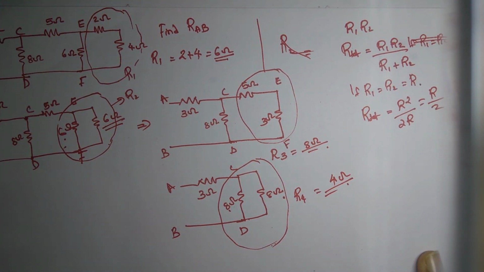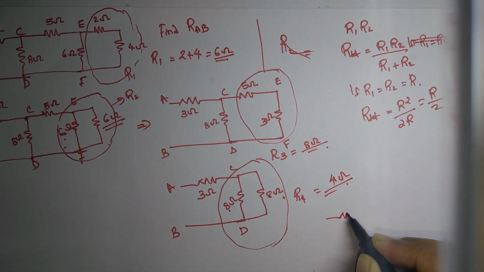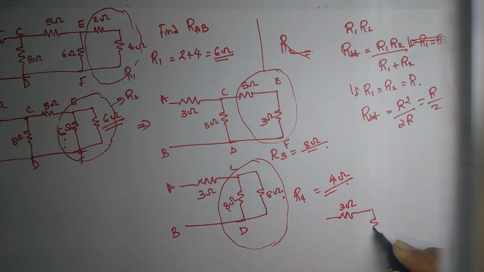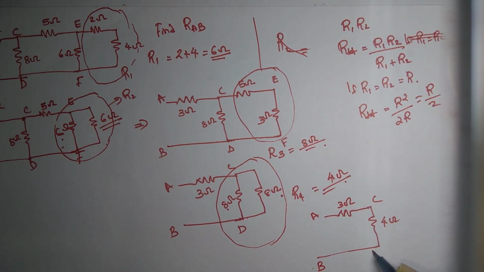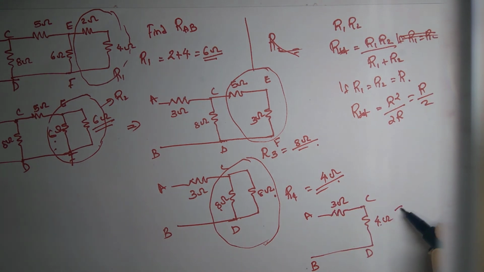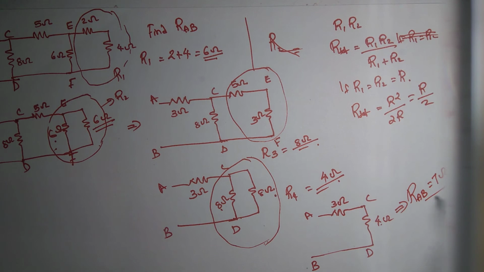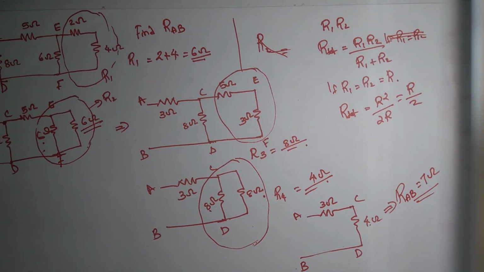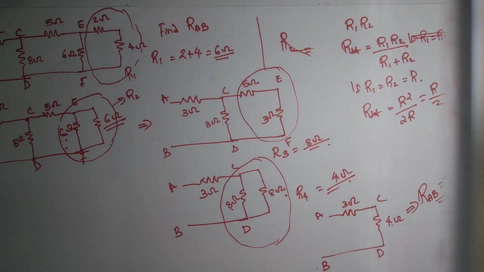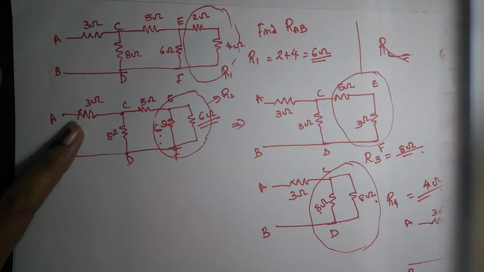Now here we have a 3 ohm and a 4 ohm. This is A and this is C, this is B and this is D. And this 4 plus 3, we get RAB as 7 ohm. I hope you understood this. If you have any doubt, feel free to ask me. Once again I will discuss it.